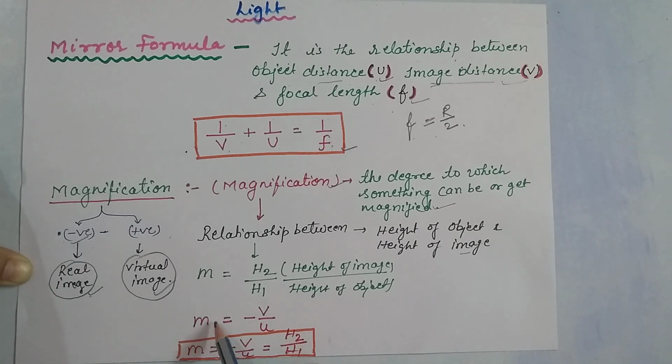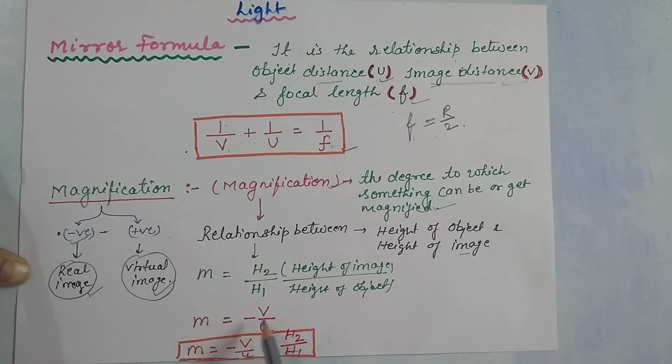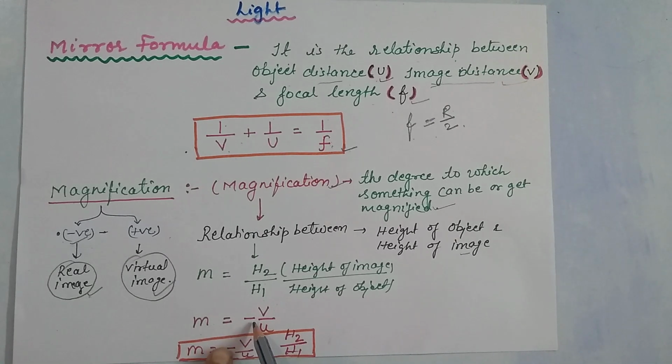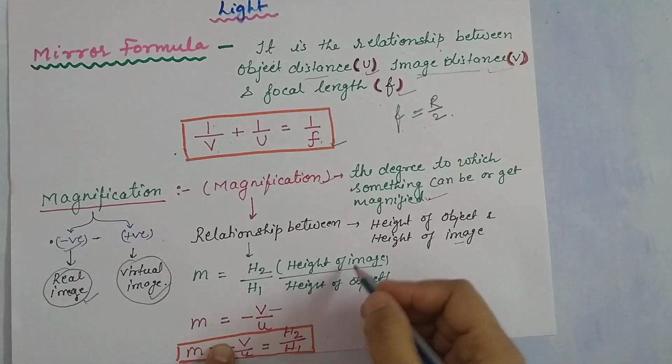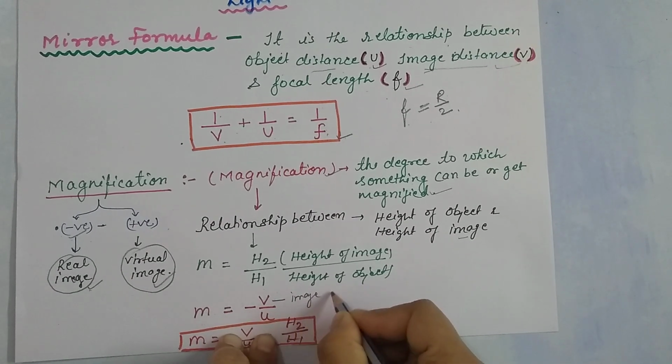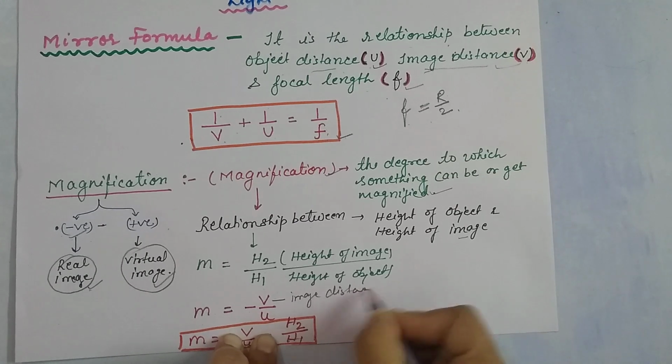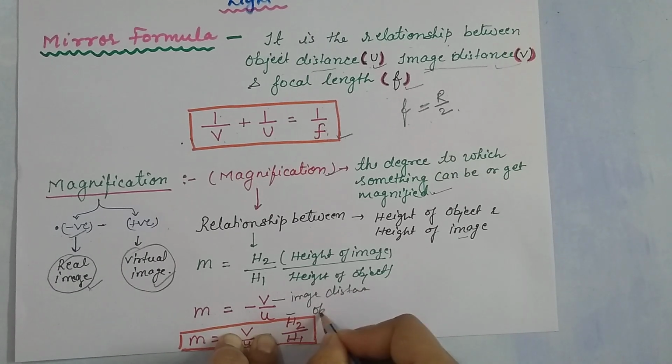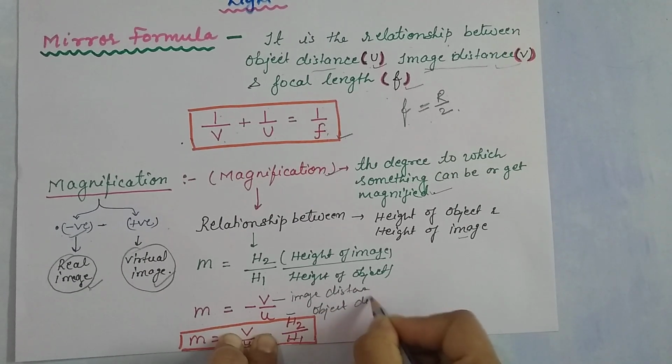The second relationship is between the magnification and the object distance and image distance: magnification is equal to minus v upon u. Here v is your image distance and u is your object distance.